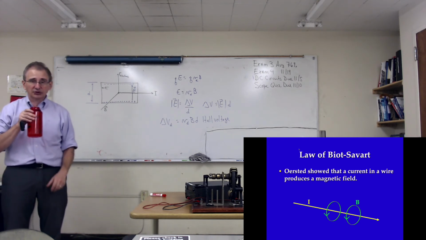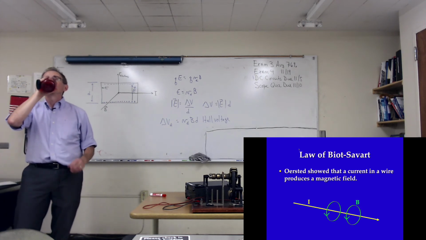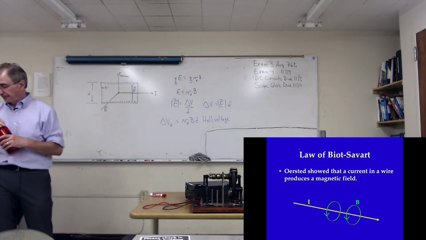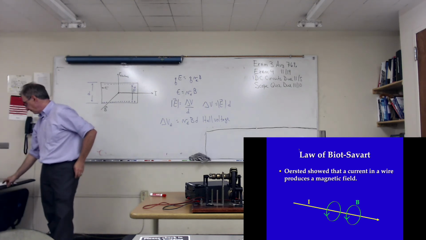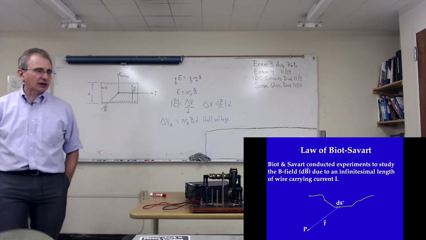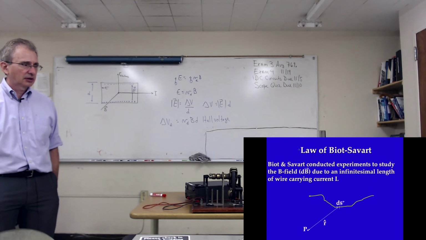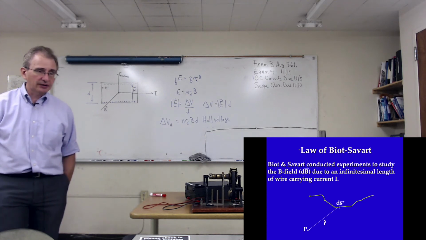The field lines form circles around the wire. Biot and Savart conducted experiments to study the magnetic field due to charges and infinitesimal lengths of wire.